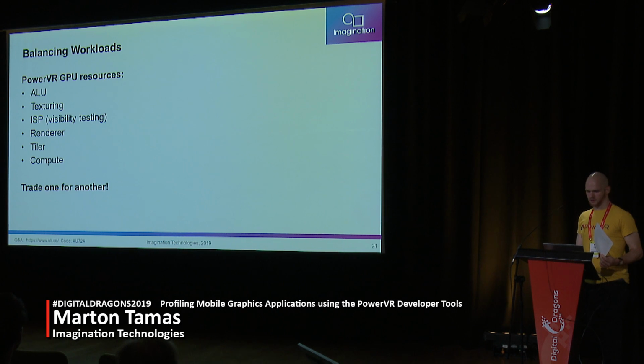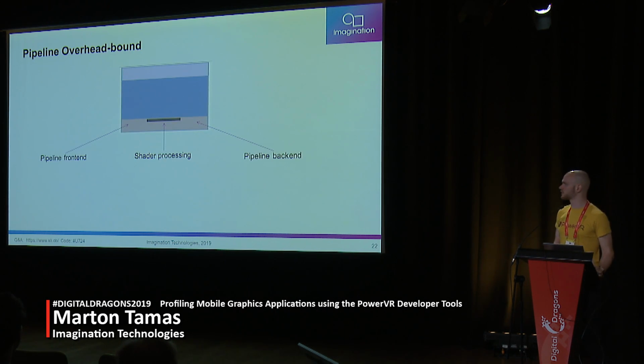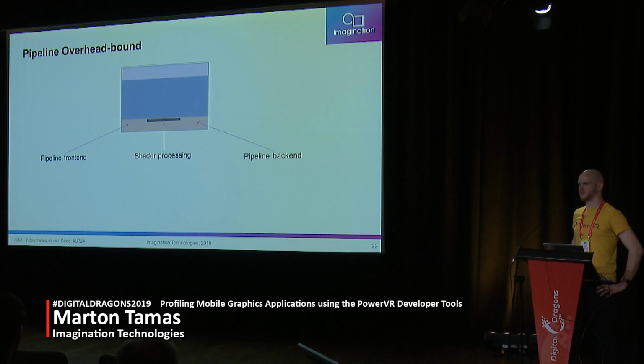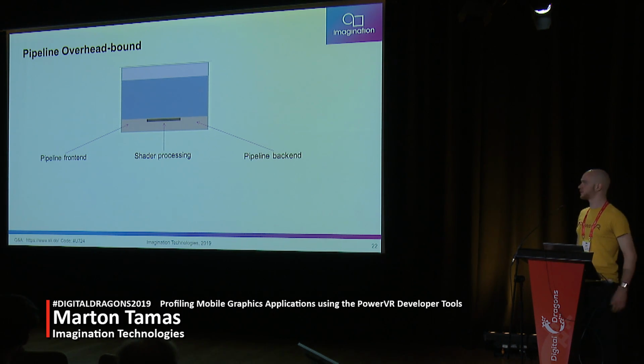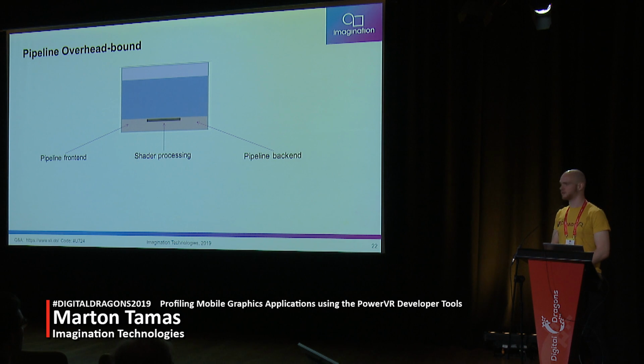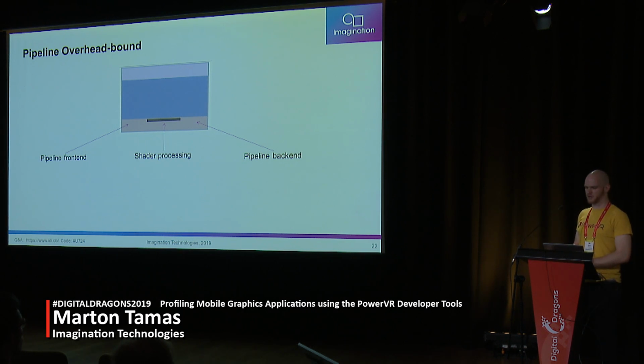In some cases, for example when you're doing a bloom filter, you have a number of different passes that you have to do, such as downsampling, upsampling, and blurring different levels of the bloom chain. So you might end up having small render tasks that look like this.